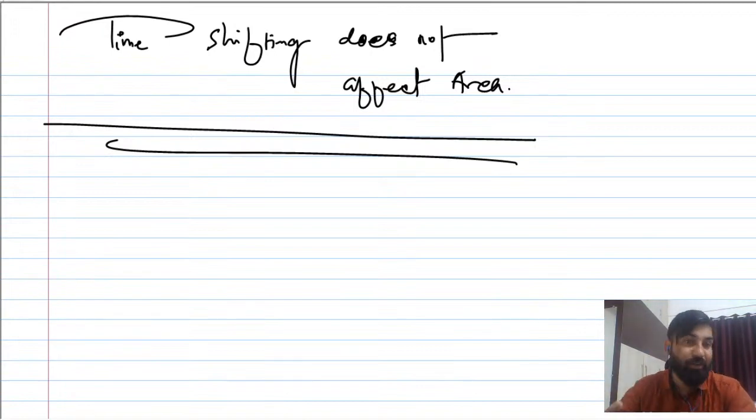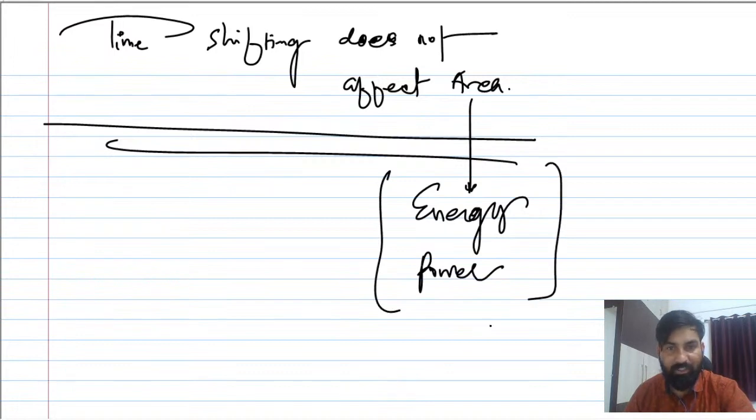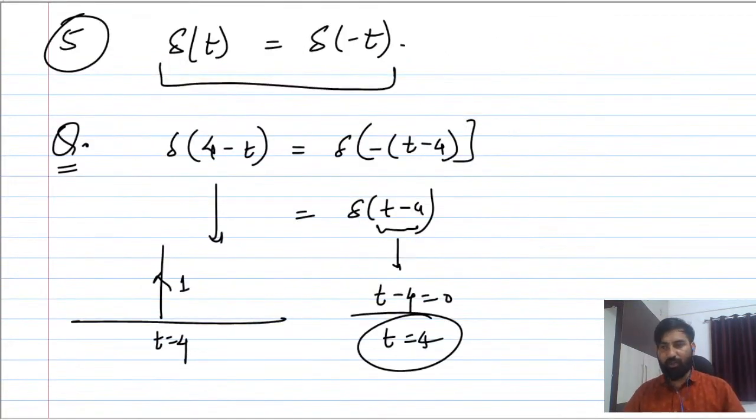Okay, power will not change, energy will not change, right. So ये सारी चीजें जो unchanged रहती हैं, remain constant. The time shifting does not affect area, it also does not affect energy, it also does not affect power. टाइम पीरियड में भी कोई चेंजेस नहीं आते हैं. ठीक है, ये याद रखना अगर सिग्नल पीरियोडिक है, तो ये छोटी छोटी बातें हैं जो आपको याद रखनी चाहिए.